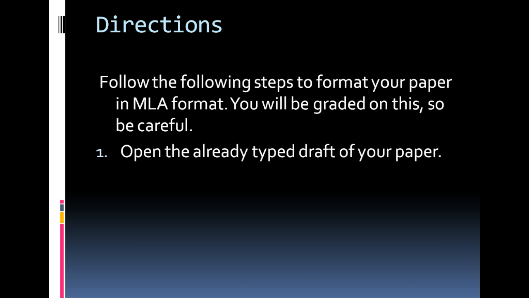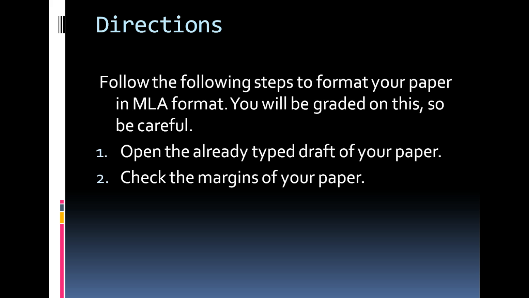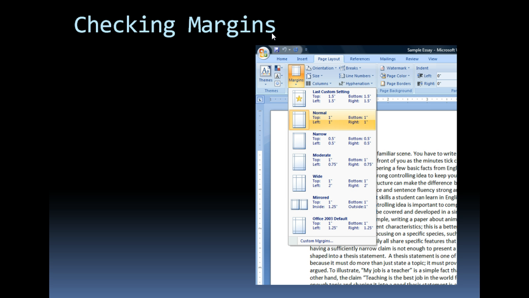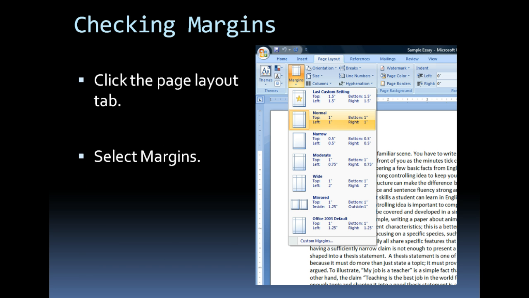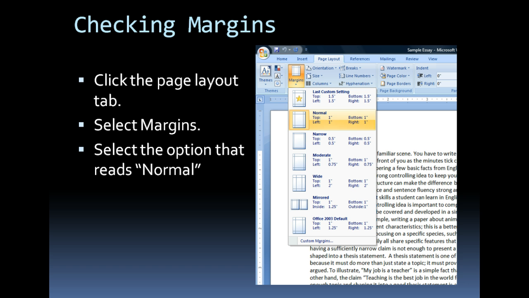First, you need to open the already typed draft of your paper. Having it already typed makes it easier to format. Second, it's time to check the margins of your paper. To do this, click the Page Layout tab, select Margins, then select the option that reads Normal.